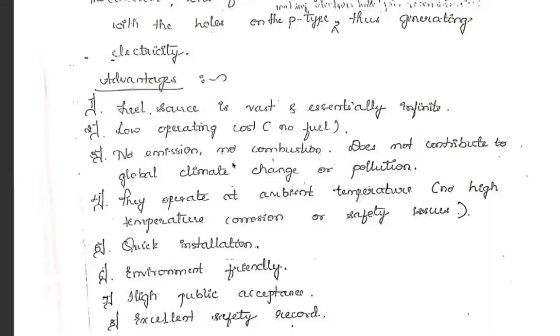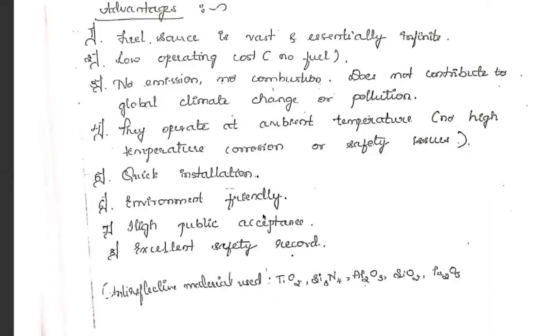And we are not conducting any kind of reactions here, so no emission or no combustion, which is going to lead to air pollution or global climatic change. So it is not going to contribute to these kinds of emissions or combustions or pollution, because we are not carrying any kind of harmful reactions here. And this is going to work at ambient temperature, and the installation can be done very quickly and is environment friendly.